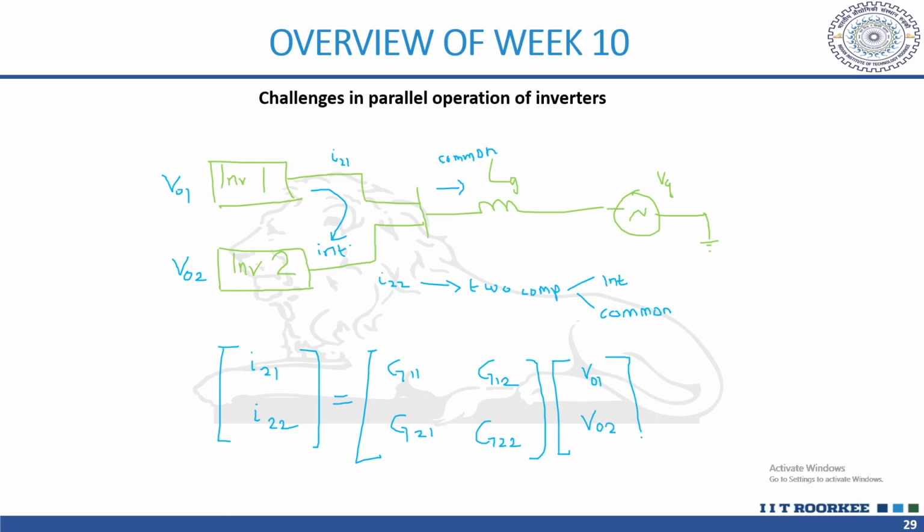Basically this I21 is G11 times V01 plus G12 times V02. So this is the interactive component, which is affecting the current of this inverter due to voltage source 2. Similarly, in I22, you will get G21 V01. This will correspond to the interactive component.